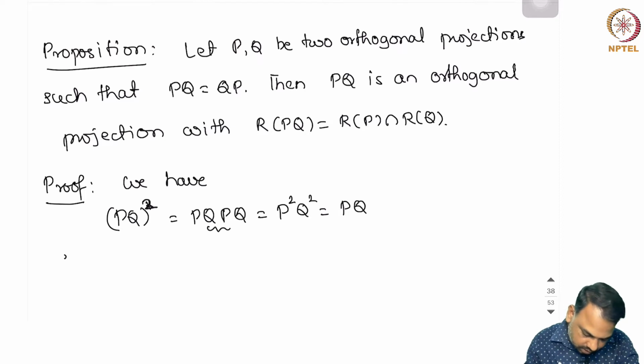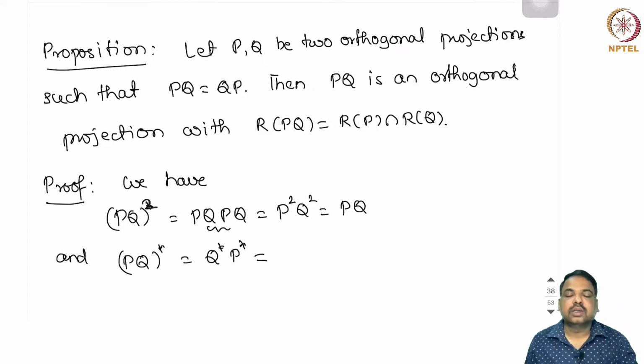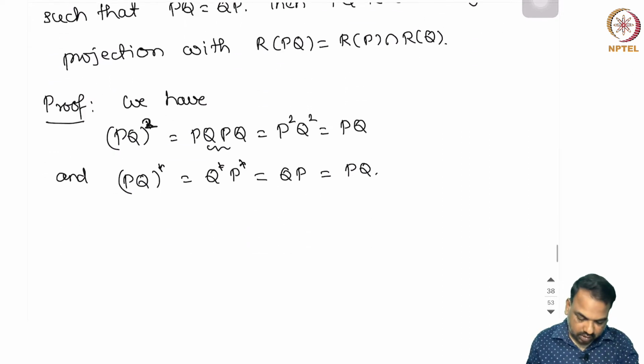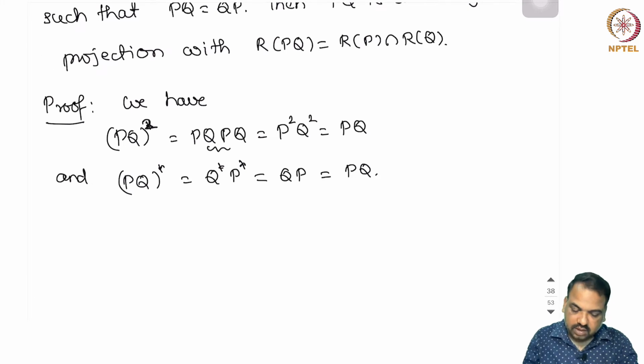And if you look at PQ star, this is Q star P star. Since P and Q are orthogonal, they are self-adjoint, this is nothing but QP. So this is, since they commute, that is equal to PQ. So from these two conditions we can conclude that PQ is an orthogonal projection.